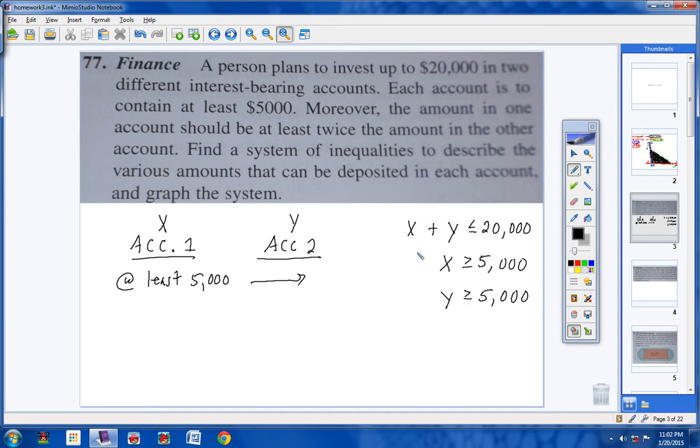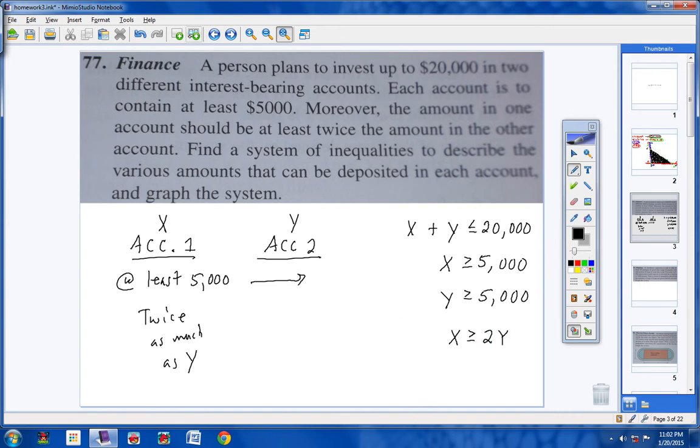Last, students, it says one account should be twice the amount in the other account. Let's think about that for a second. It really doesn't matter which account you want to have twice as much. Let's just say the X account has twice as much. So we say X has to be greater than or equal to 2Y.